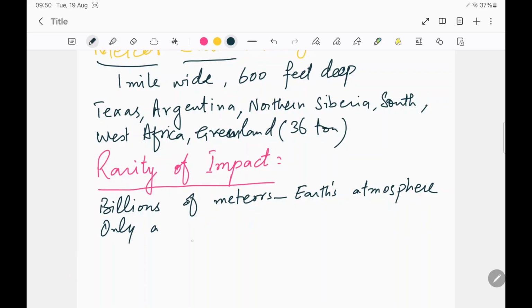Only a very small number, we may say, has reached the ground or Earth.